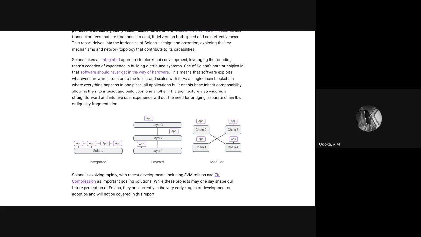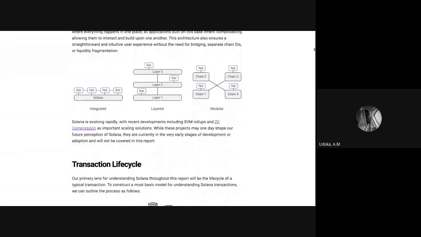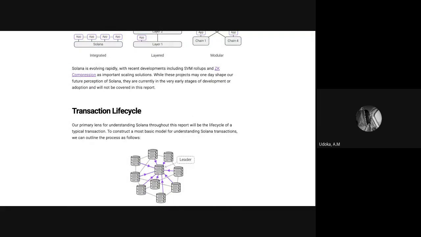Now, I wouldn't want to read this word for word. I would love to go into the parts that concern the things I want us to talk about on this call, which, number one, are the key architectural components, figuring out what makes what work the way they do and how they are different.